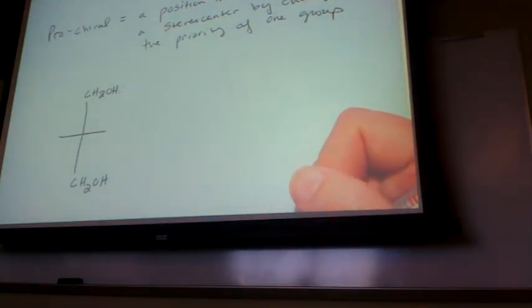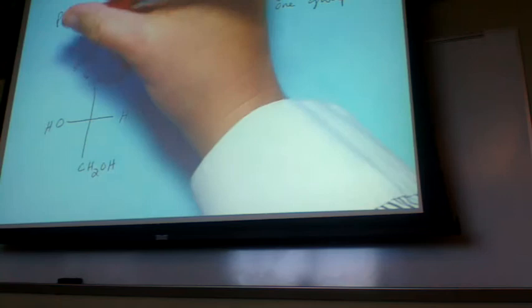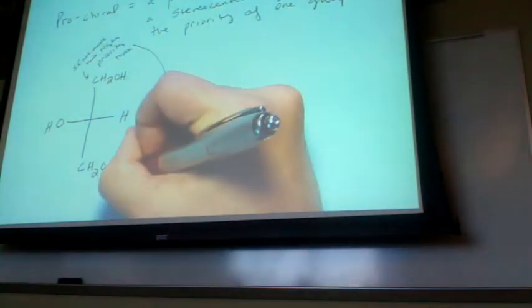it's actually achiral. But if we draw it as if it were chiral, and we put the OH on the left and the H on the right on the middle carbon, if we make this higher priority than the other one, and then I check what designation that middle carbon will be.